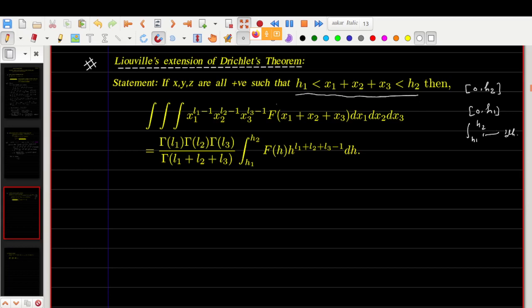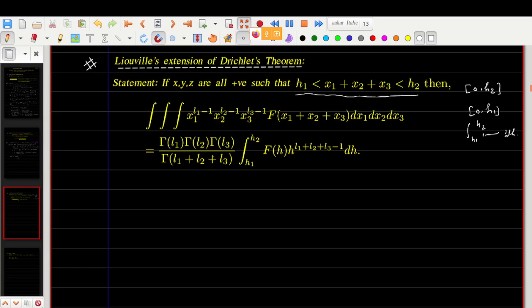The exact statement is given by the triple integration x1 to the power L1 minus 1, x2 to the power L2 minus 1, x3 to the power L3 minus 1, and f is an arbitrary function, f evaluated at x1 plus x2 plus x3, dx1 dx2 dx3, is actually equal to this fraction value, where the numerator is the product of the gamma Li's and the denominator is gamma of the sum of the Li's, right?